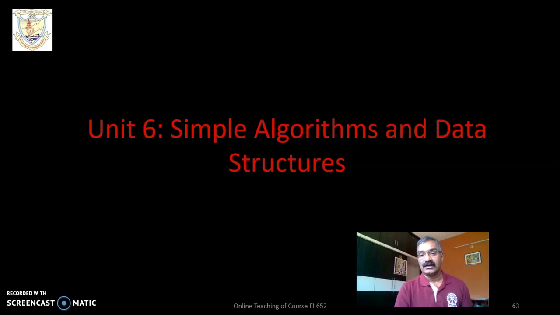Here in unit number 6, we will not study all algorithms and all data structures. Only some of the important algorithms will be discussed. They are searching algorithms, sorting algorithms, and hash tables. In searching algorithms, we will study linear search and binary search, whereas in sorting algorithms, since you have already studied bubble sort in microprocessor theory and microprocessor lab, here in this course we will study selection sort and merge sort.